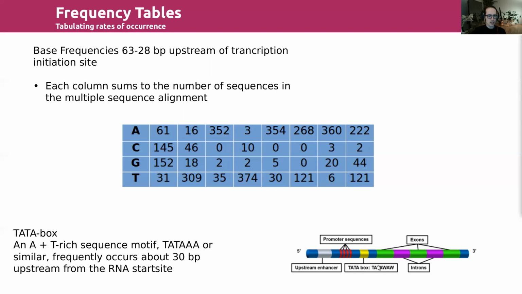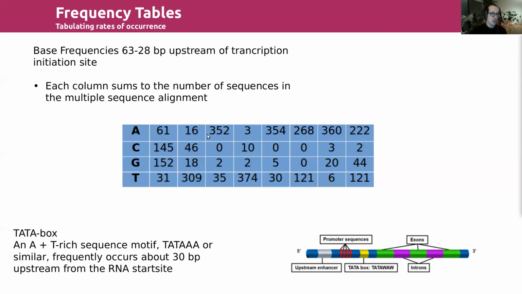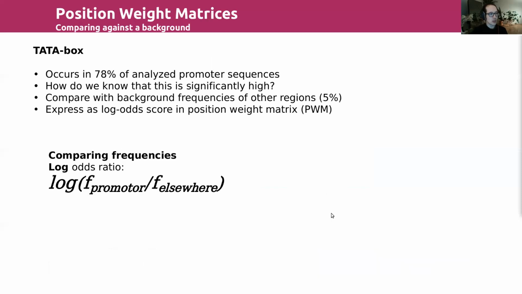And here we've got our exons and introns. It might look something like this, where T is highly represented here, and then A is highly represented here. So we see this kind of alternation pattern, and in general, a lot of T and A material. This is how a frequency table might reveal that information.